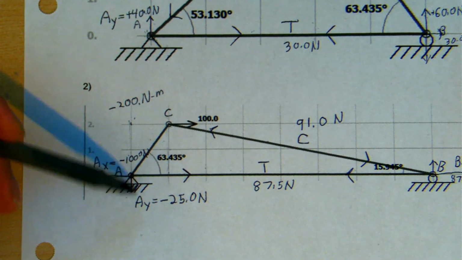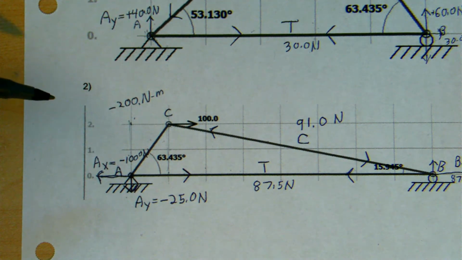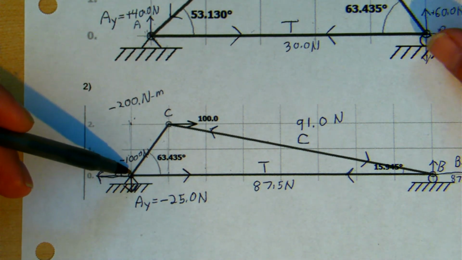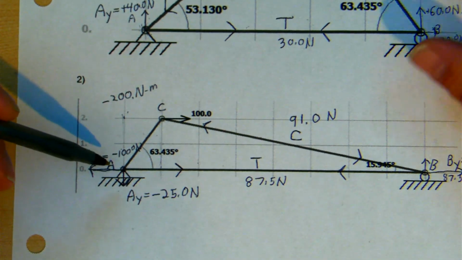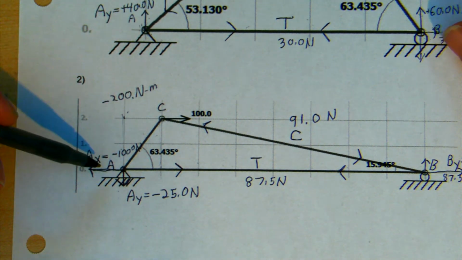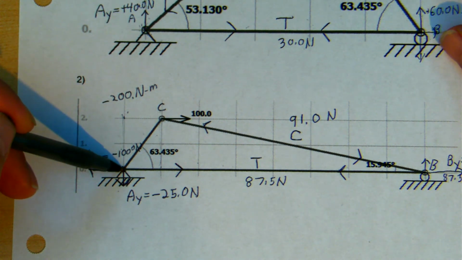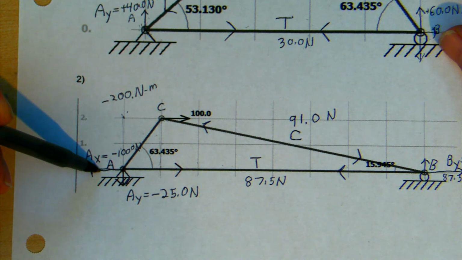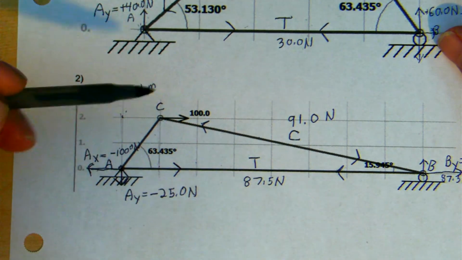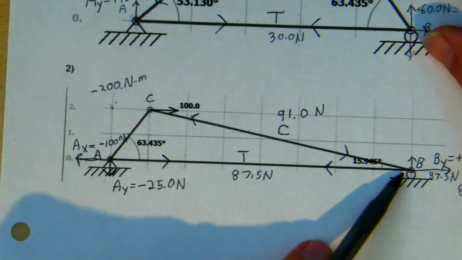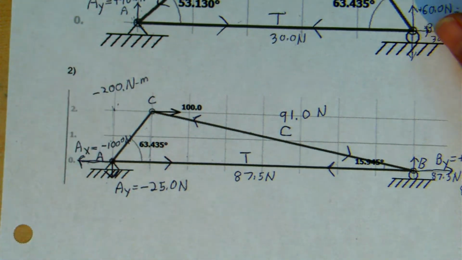The sum of all the forces in the vertical direction has to add up to 0. The sum of all the forces in the horizontal direction has to add up to 0. Right now, I have 100 newtons of reaction force pulling A to the left. I have 87.5 newtons of tension from member AB pulling A to the right.